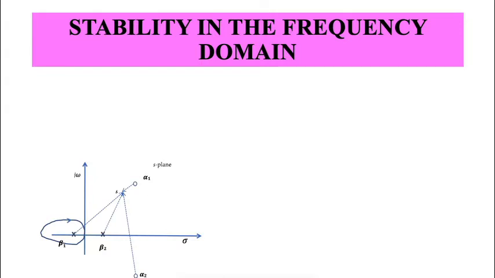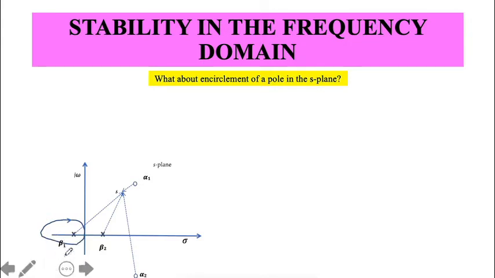Now what is encirclement for a pole? Let's say again I do the same thing, just draw it here. Let's say I have a pole here and this was B1. I had a pole here earlier, this was B2. I had a zero here, I had a zero here, so alpha 1 and alpha 2.